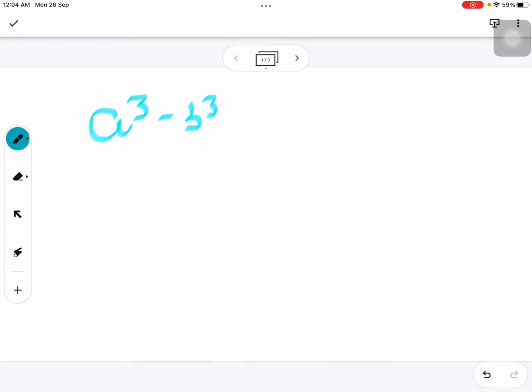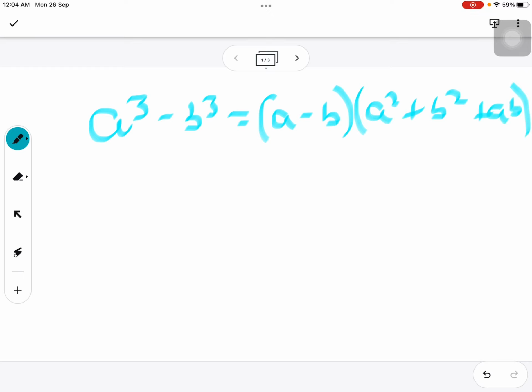Okay, so a cube minus b cube is a minus b into a square plus b square plus ab. There is no 2ab, you have to be careful, plus ab. Okay, a cube minus b cube is equal to a minus b into a square plus b square plus ab. This is also a very important formula. It has to be committed to memory.